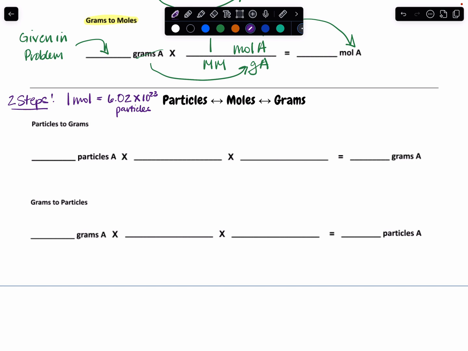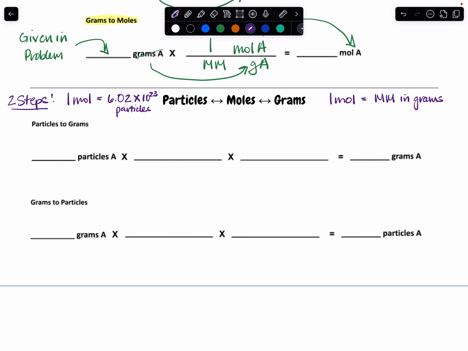Remember those particles can be atoms, molecules, protons, neutrons, electrons, whatever. We also know that 1 mole of any substance has a mass equal to that substance's molar mass in grams.